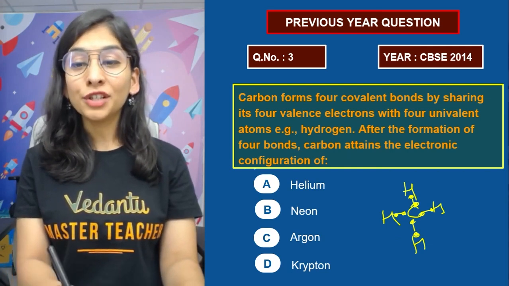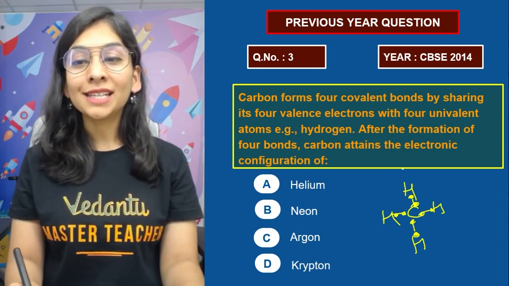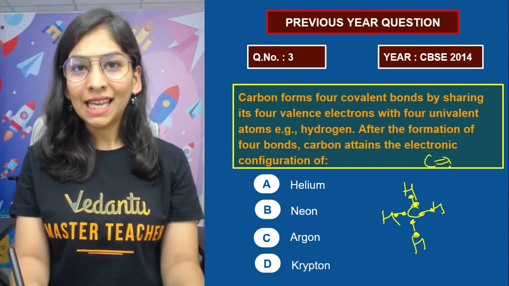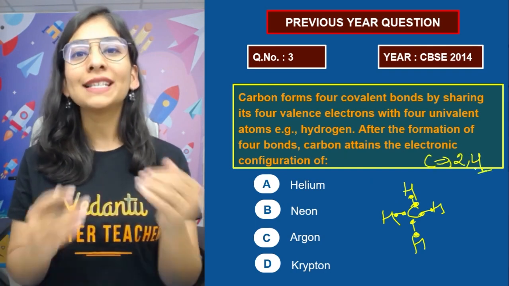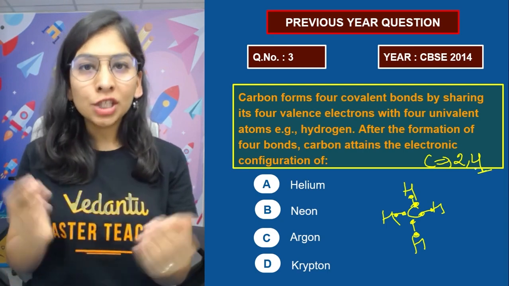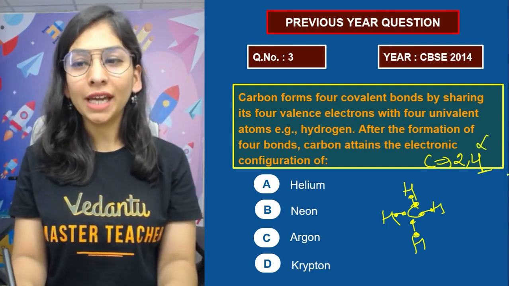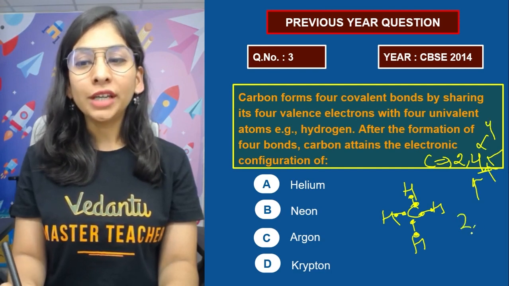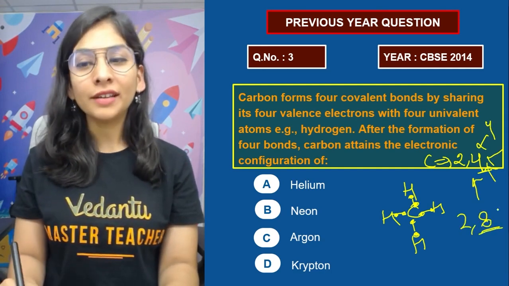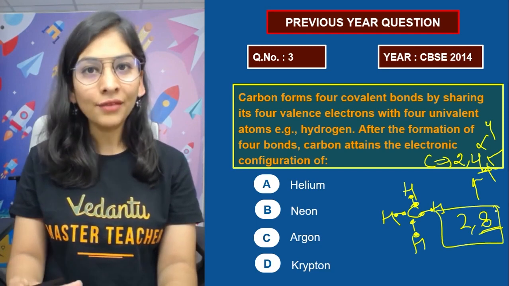Now the question is, after the formation of four bonds, carbon attained the electronic configuration of. Again, I must say, easy peasy question, students. Four electrons are there and it will share four more electrons with the other four atoms so that it will follow the octet rule. After sharing, this is the configuration it's going to have. Yes or no?